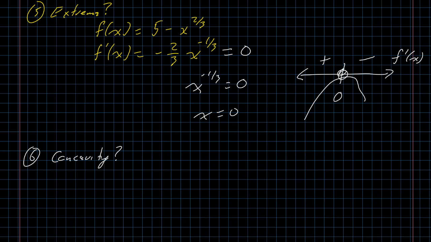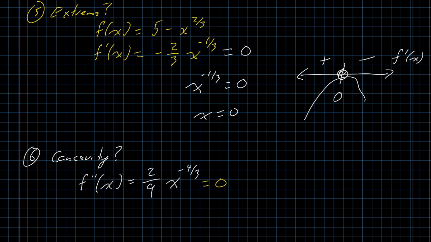Moving onward, we also want to be able to talk about the concavity, which means we're going to need the second derivative. All right, so we want to differentiate negative 2/3 x to the negative 1/3, which I guess is going to be positive 2/9 times x to the negative 4/3.